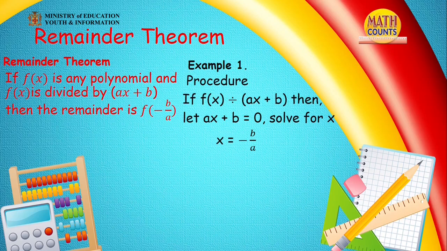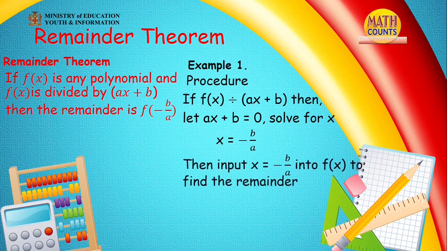What this is telling us is that anytime we get a remainder theorem question or a division of polynomial questions where it's a linear expression being divided into a polynomial, we need to set the divisor equal to 0 and solve for the variable. This allows us to get the input of the function that will allow the output to be the remainder. So our last step is to input x equals negative b over a into f of x to find the remainder. It's really as straightforward as that.